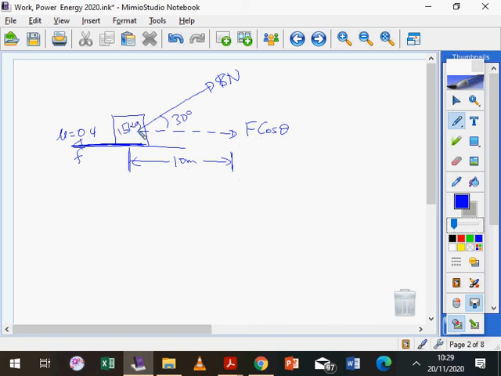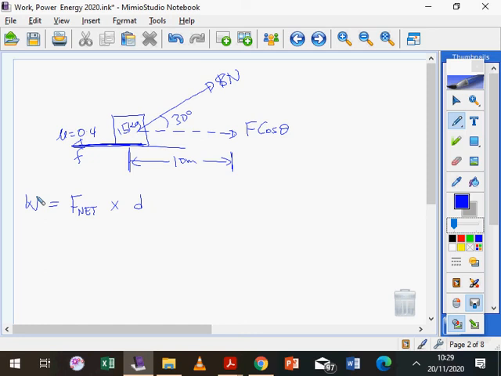Then same question, how can we figure out the work done? Well, things are going to change now, because the force that's causing motion is now the net force, right? We need to first figure out what the net force is, and then that net force times the displacement is what the work done will be equal to. So this is a more general way to state this equation: F net times distance.